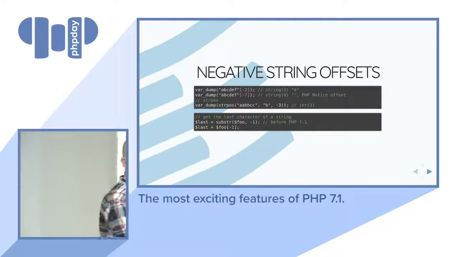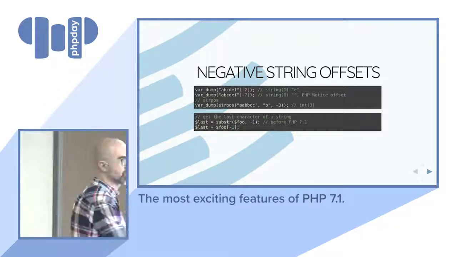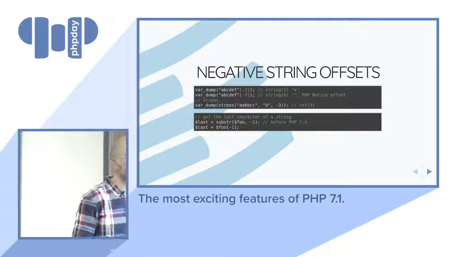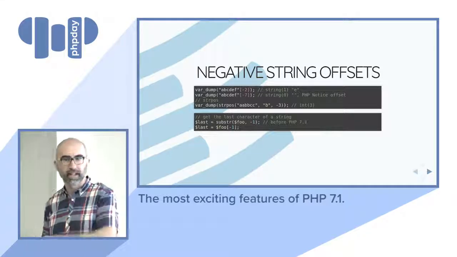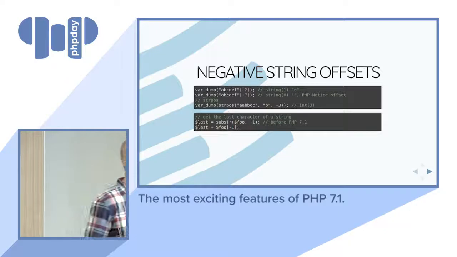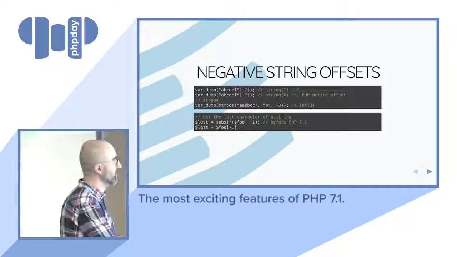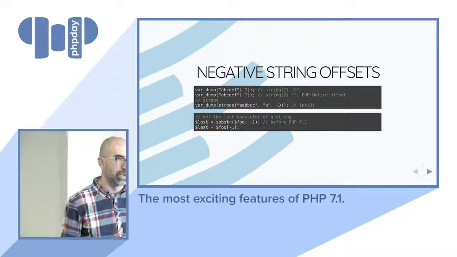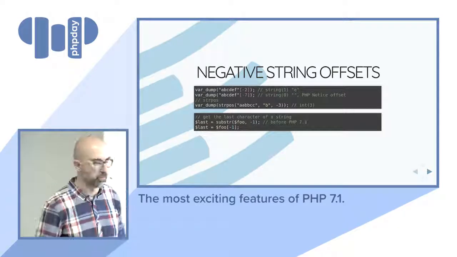I used substr foo, -1. I don't know why the string function was allowed to have negative and not the other functions. It was quite confusing to me at the beginning. Now you can say, okay, look, I want the last element, -1. It is more natural, let's put it this way.